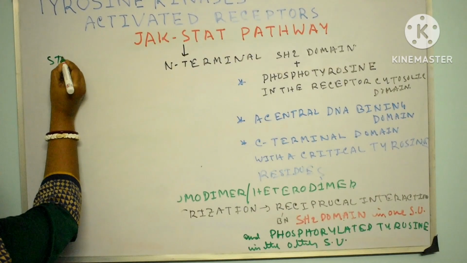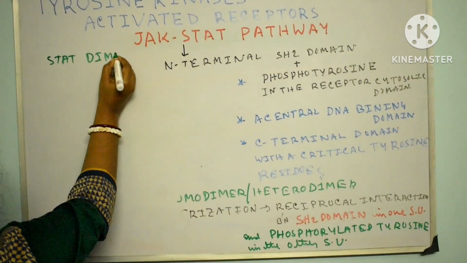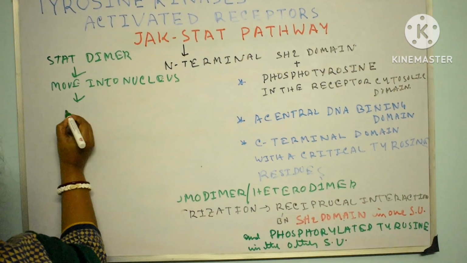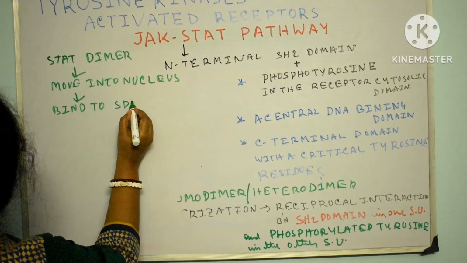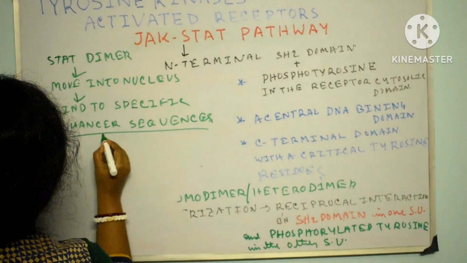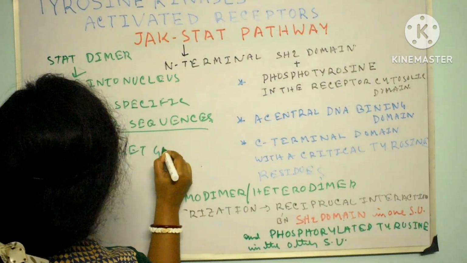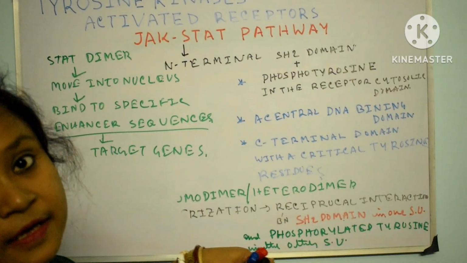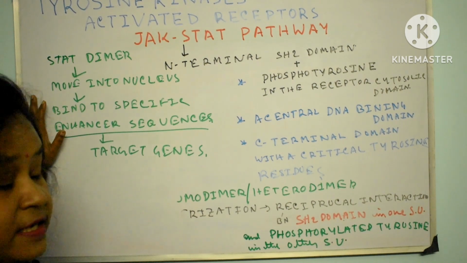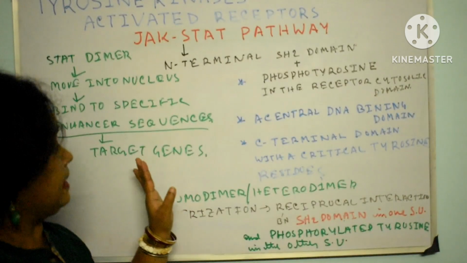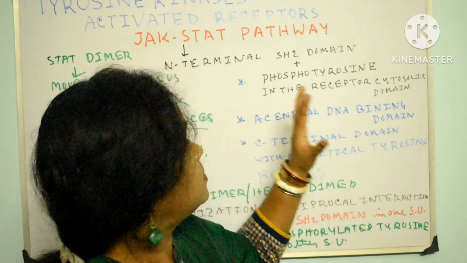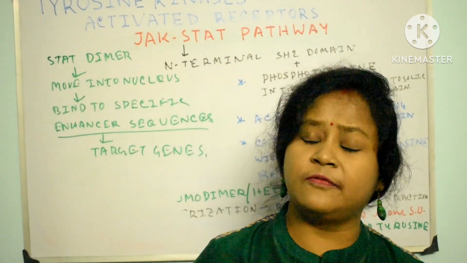Finally, the STAT dimer moves into the nucleus, then binds to specific enhancer sequences of target genes. This is the ultimate target of STAT. Inside the nucleus they can bind to specific enhancer sequences of target genes. So this is all about the Jak-Stat pathway, which is very much important.